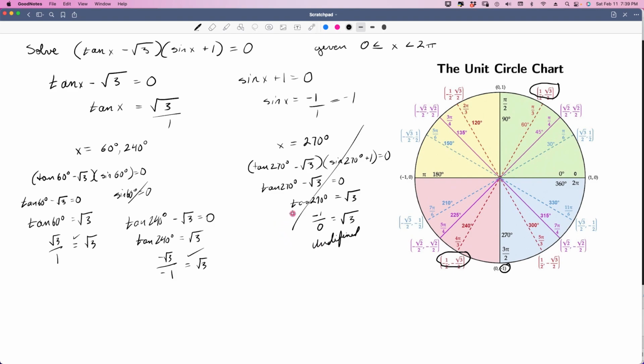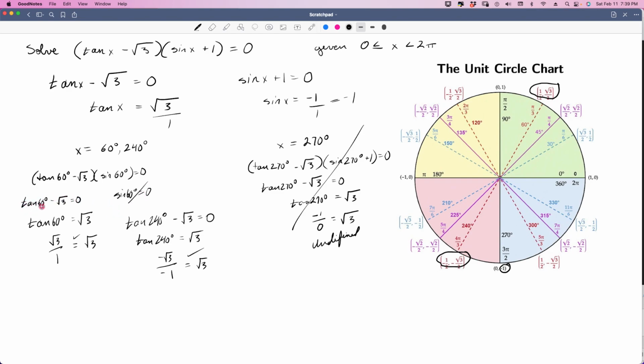So what we did was we went in and we substituted all these values in for our possible x. So first we started with a 60, right? Now we know that one of these is going to be 0. Well, we know the sine of 60 degrees is not 0. So that can't be the 0 term.